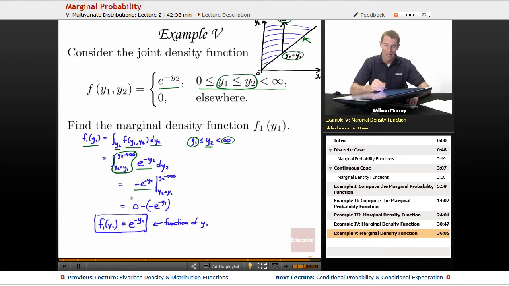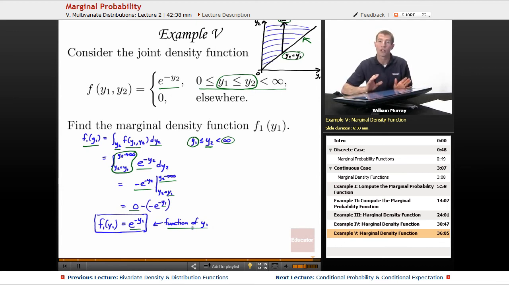Came up with negative e to the negative y2. And then I plugged in y2, well, the limit as it goes to infinity, that just takes you to 0, and y2 equals y1 gives me my y1 in the exponent. And it simplifies down to this nice function of y1, which is appropriate because we should get a function of y1 when we're looking for the marginal density function of y1.